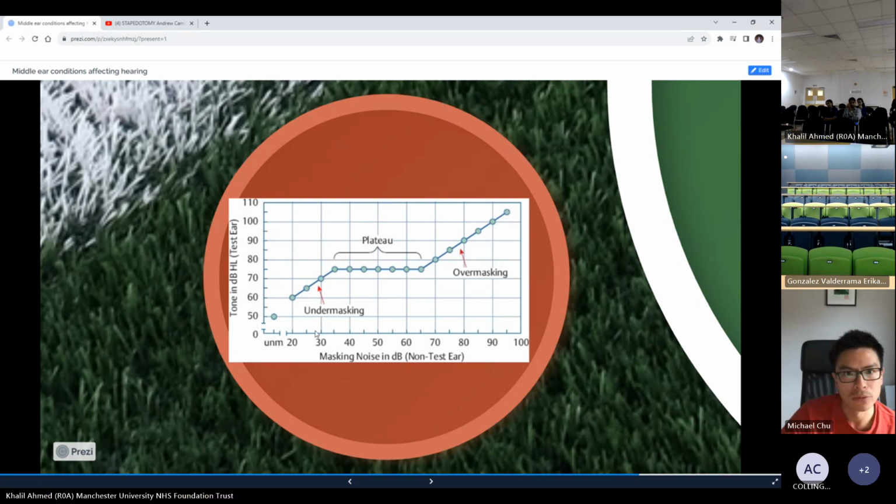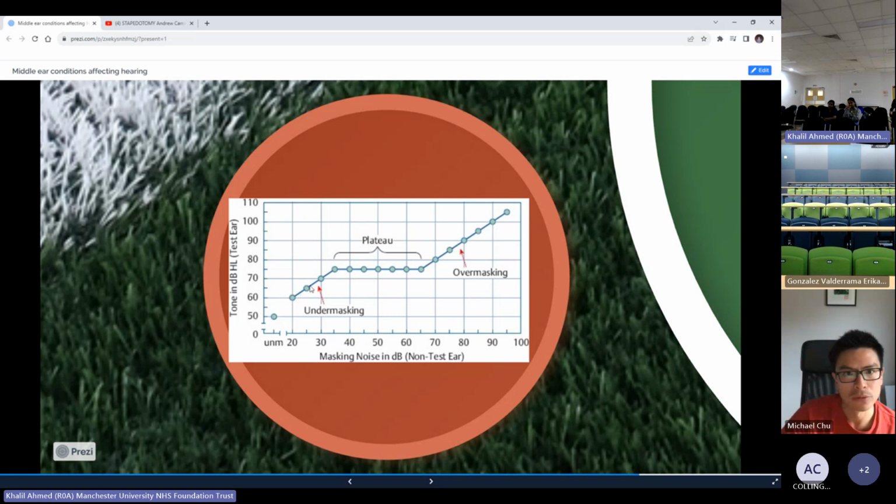Then if you turn the masking white noise in the non-test ear's air conduction headphone up to 30 dB, and retest the patient again, it goes up again by 5 dB. So again, they don't hear it until it goes 40 dB above the masking sound. So you're getting a slope.